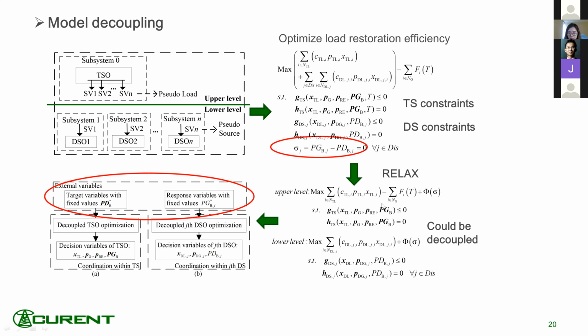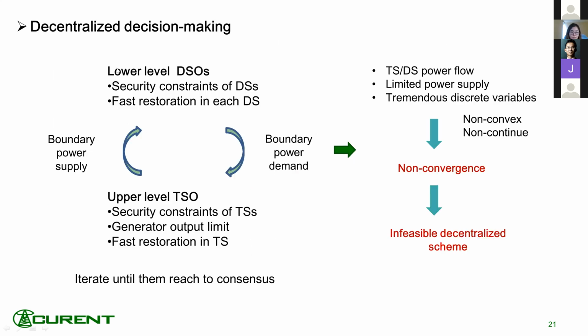And the upper and lower level models have an iterative calculation process, which is actually a decentralized decision-making process. Because in this process, the lower-level distribution system operators will just consider their own requirements for load restoration and provide a power demand to the upper-level transmission system.